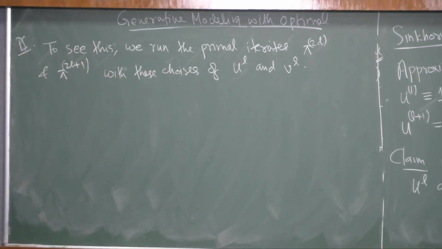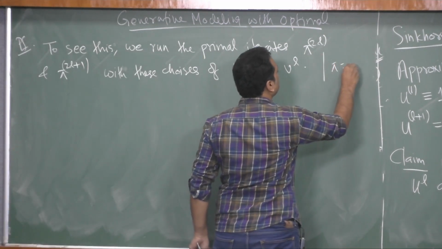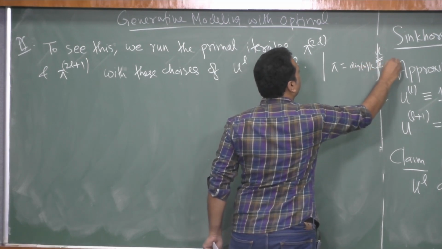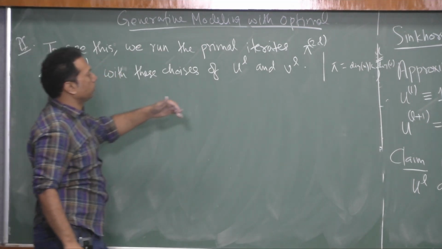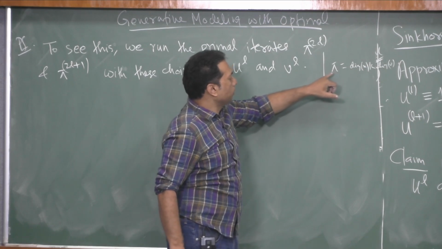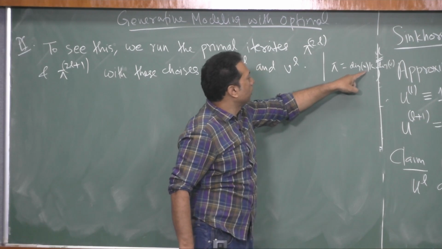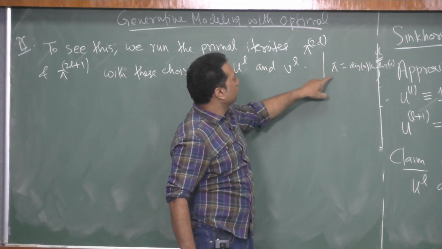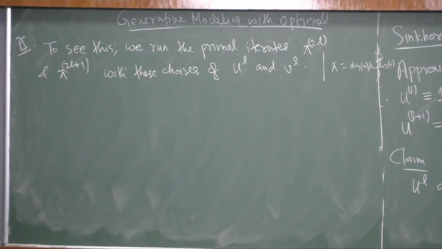Why would you do that? Because we had a proposition before that said there is an existence of pi as diag of u K diag of v. So the idea is that we know this relationship. What if I plug in these u and v that I am proposing here, and with those choices, will I retrieve the iterations that I was getting for the pi? We are supposed to do that.